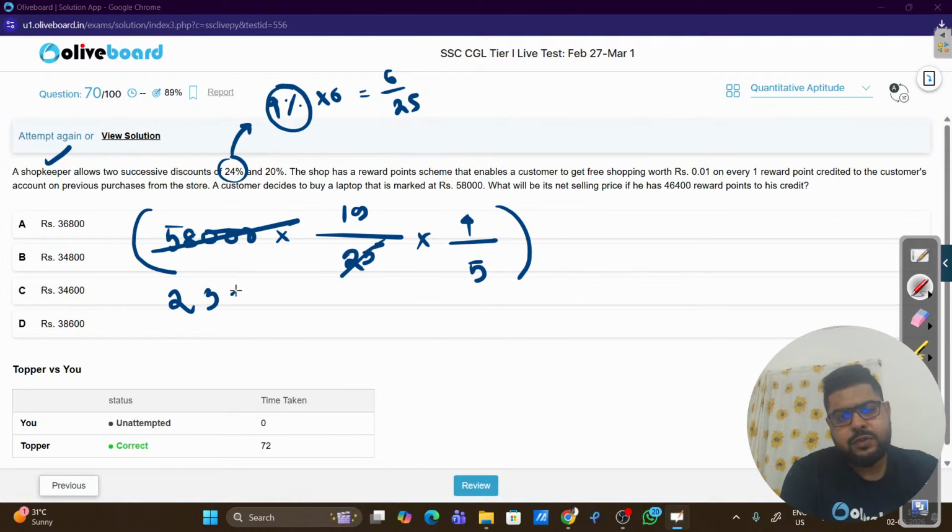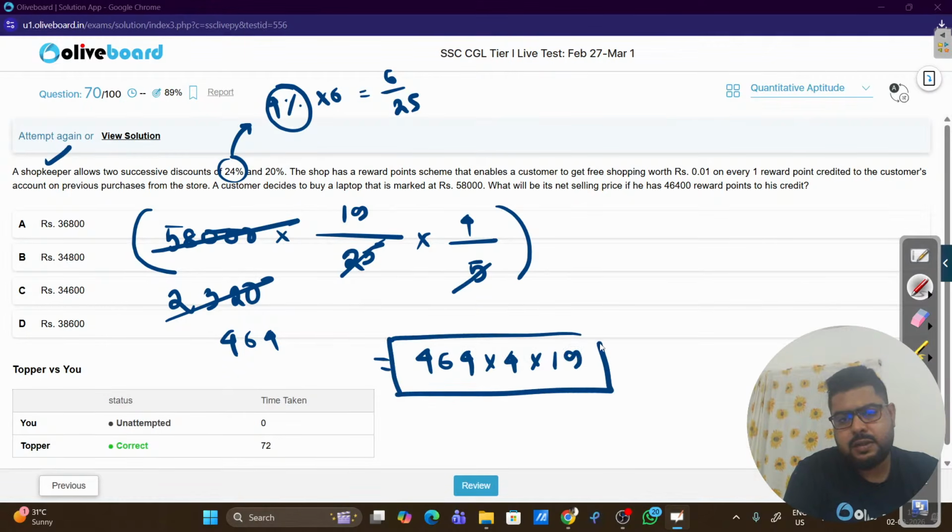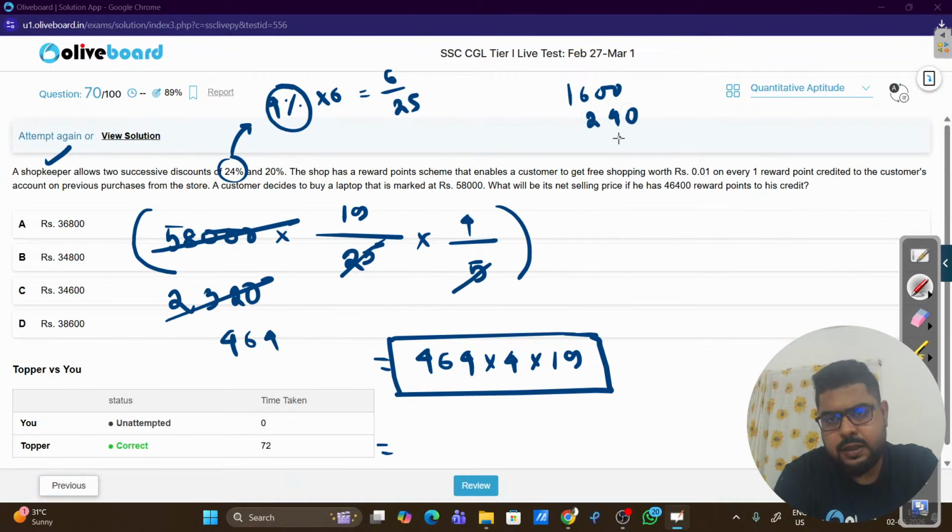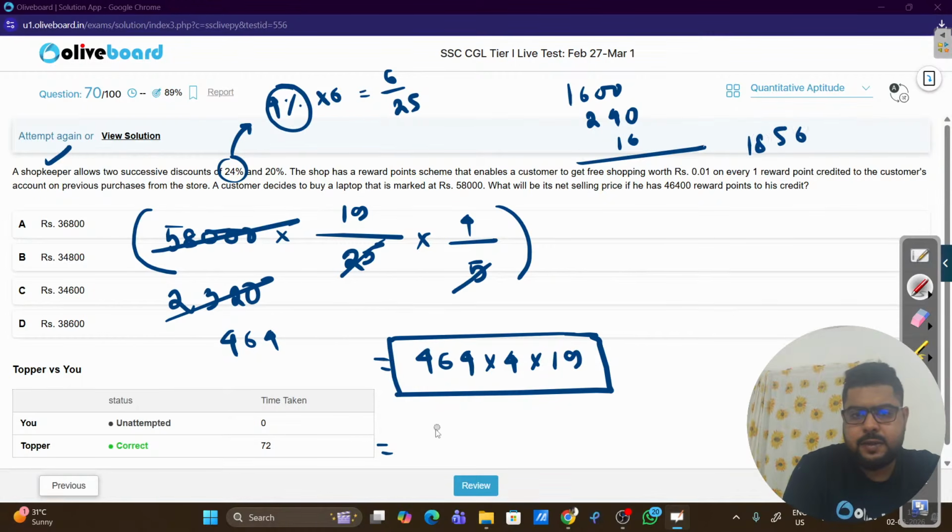So 464, into 4, into 19. So 400, 1600, 240, 16. 56 here, 18 here.